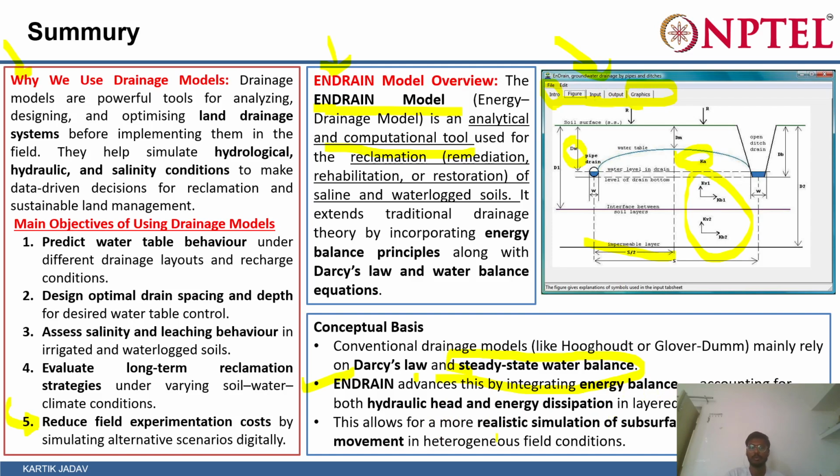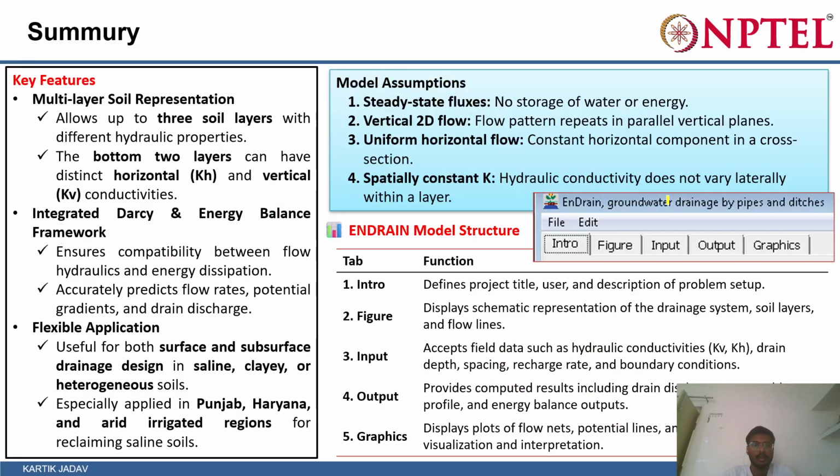And this allows for a more realistic simulation of subsurface flow and solute movement in heterogeneous fields. So this is a more advanced one, and its key feature is a multi-layer soil representation. It allows up to three soil layers with different hydraulic properties, and the bottom two layers can have distinct horizontal hydraulic conductivity and vertical hydraulic conductivity.